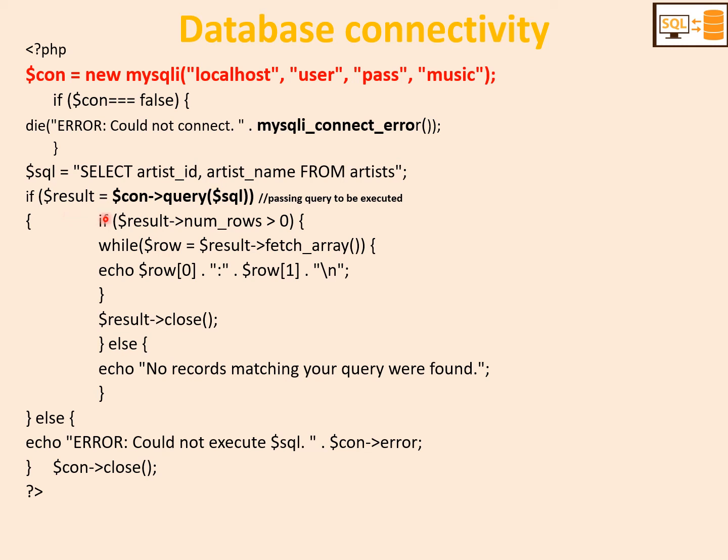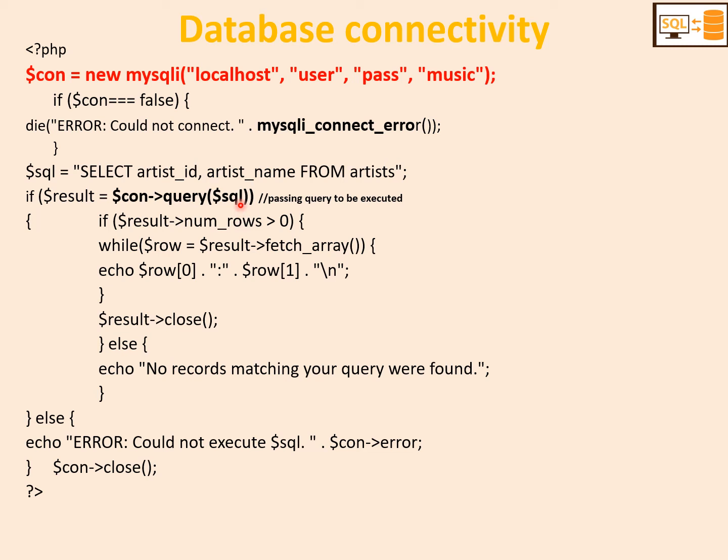If $result is equal to $connection query of $sql, we are trying to execute the SQL query using the query function of the connection object, passing the SQL as an argument to the query function. So the SQL query in the sql variable should be executed.